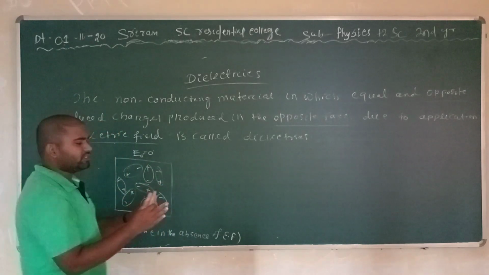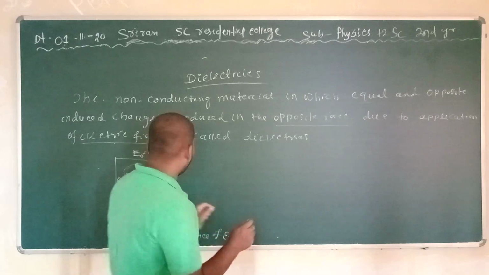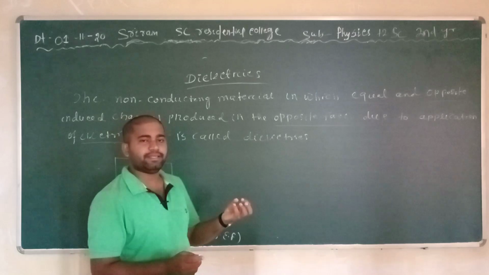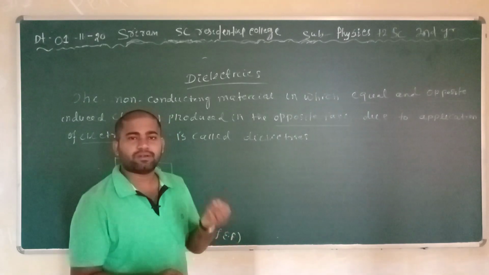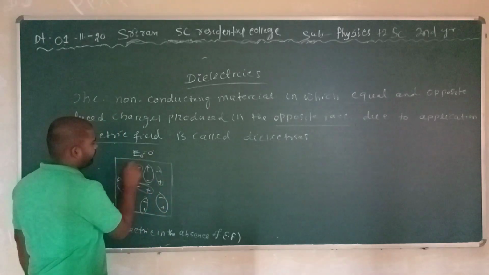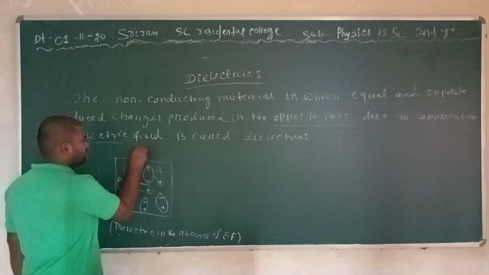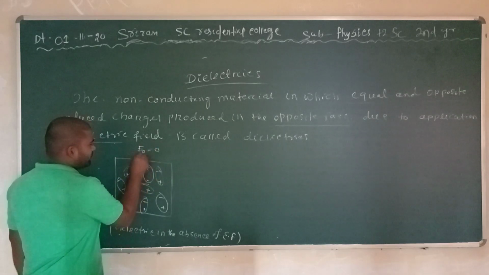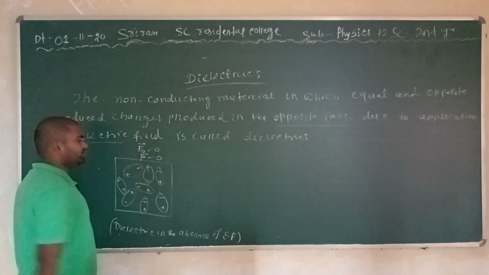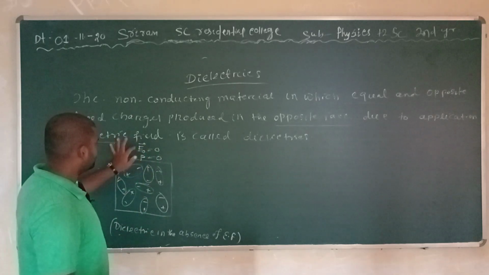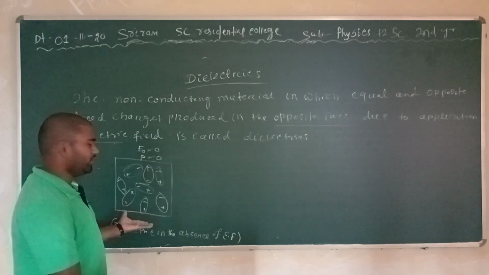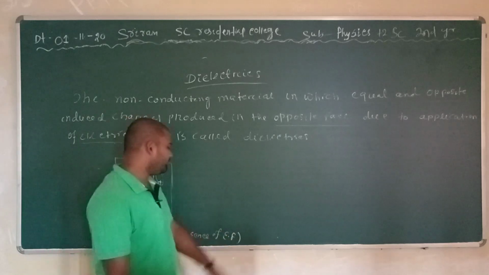If we bring all these dipoles to a common point, they point in arbitrary directions starting from that common point, so the net dipole moment becomes zero. So in the absence of electric field, the net dipole moment of a dielectric becomes zero.